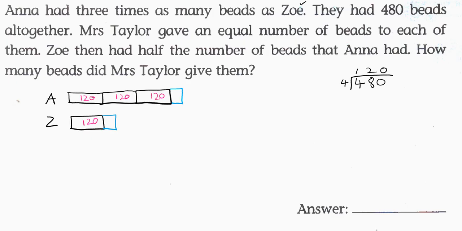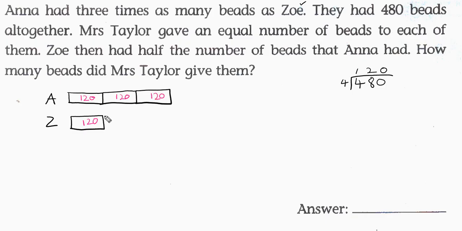But hopefully you can see that with Anna having 3 parts and Zoe 2 parts, if we gave Zoe another part, so she would have 2, and Anna another part, so she would have 4, that would fit.